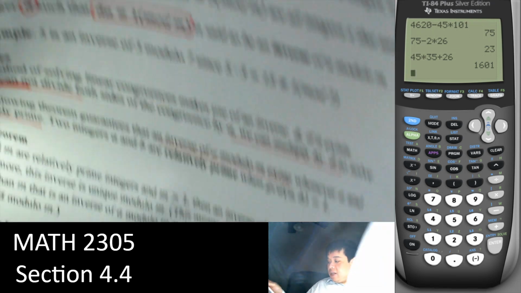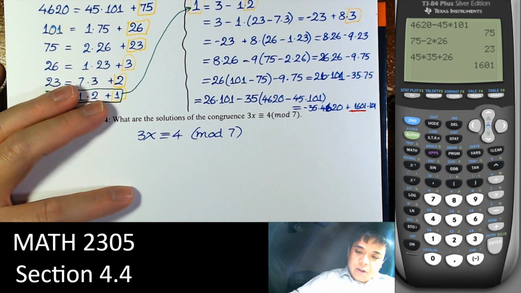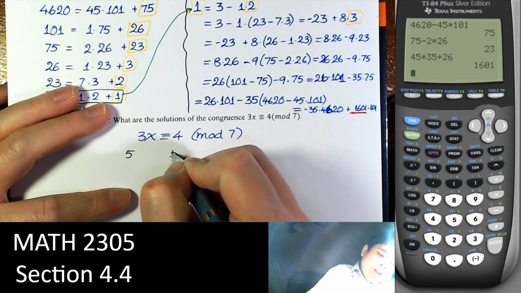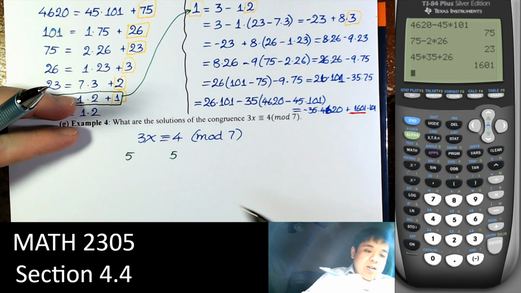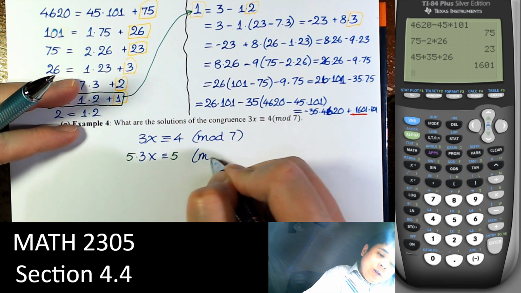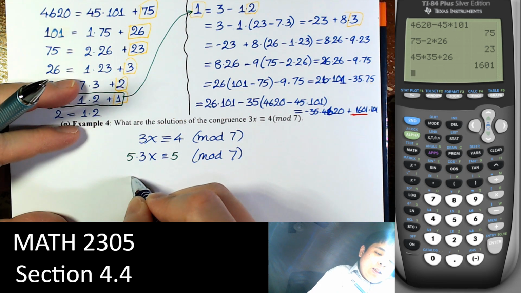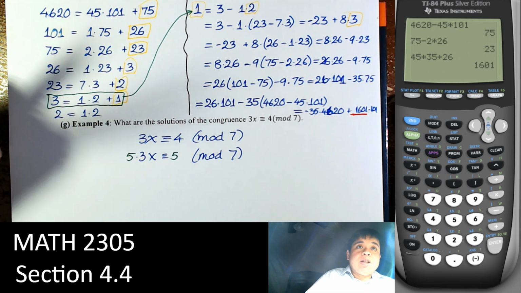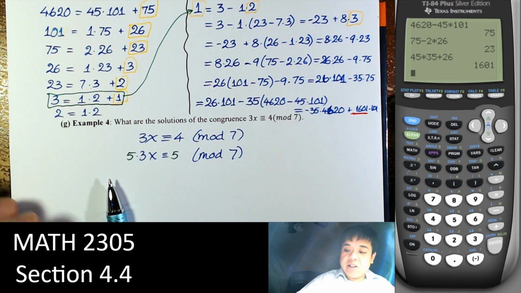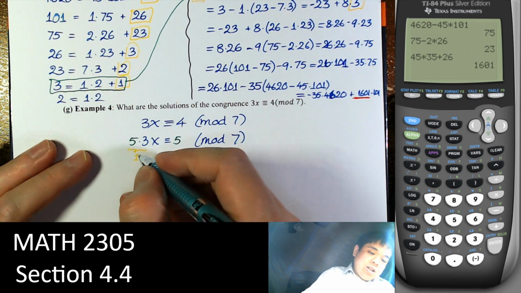So we're going to use that. I multiply 5 on both sides because it is the inverse. That 15, by the way, of course, is going to be 1. So that's the whole point of multiplying by the inverse, right? This is 1. So that just gives us x.